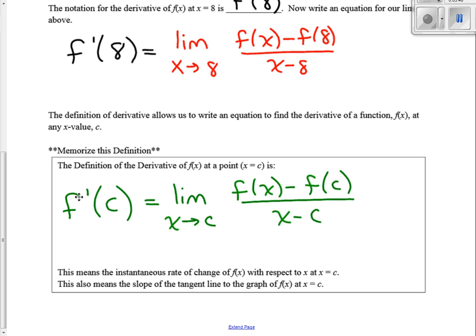This definition is good at any x value we want. This means the instantaneous rate of change of f of x with respect to x at x equals c, and it also means the slope of the tangent line to the graph at x equals c. And again, memorize the definition that I have in green.